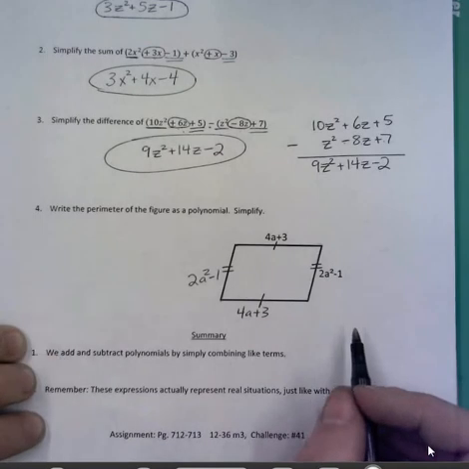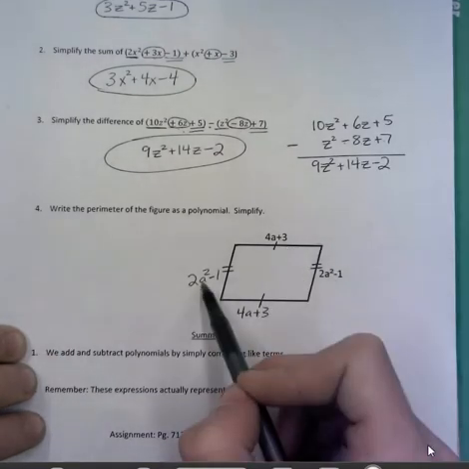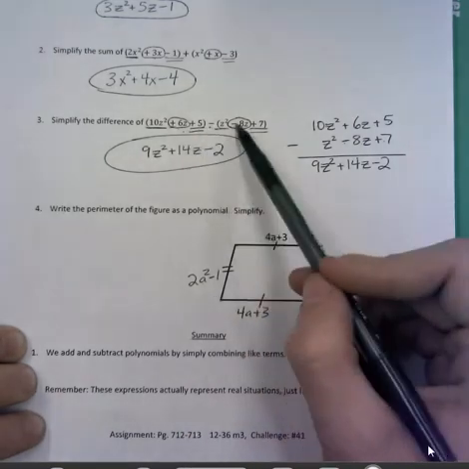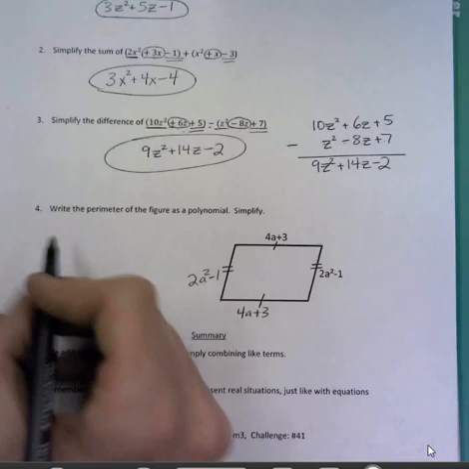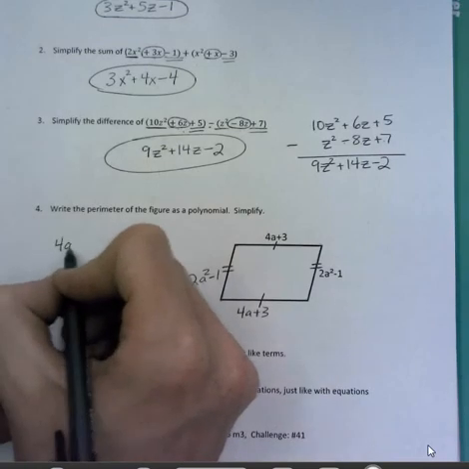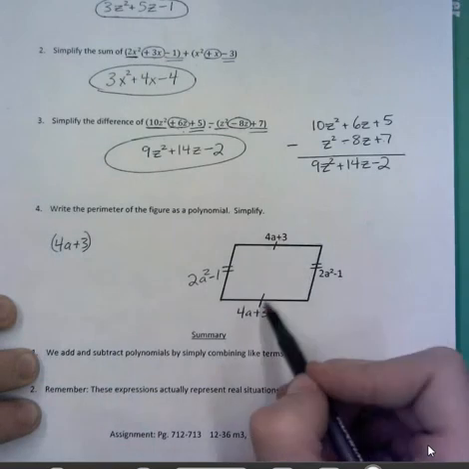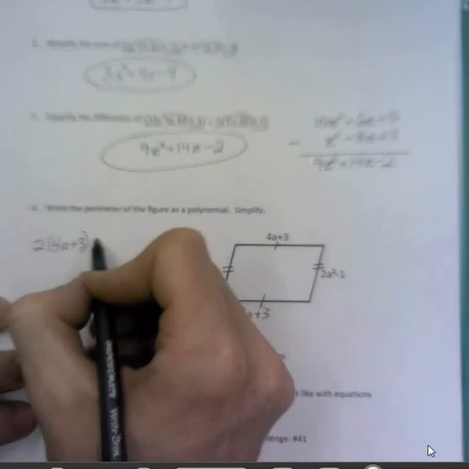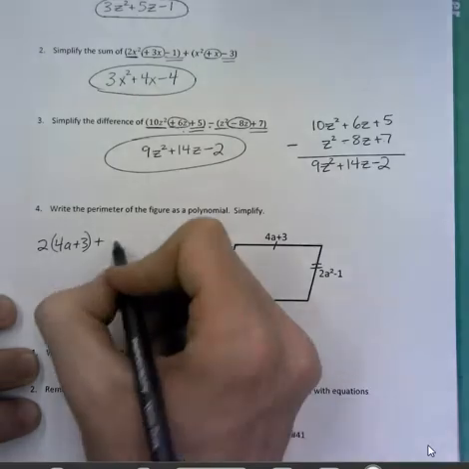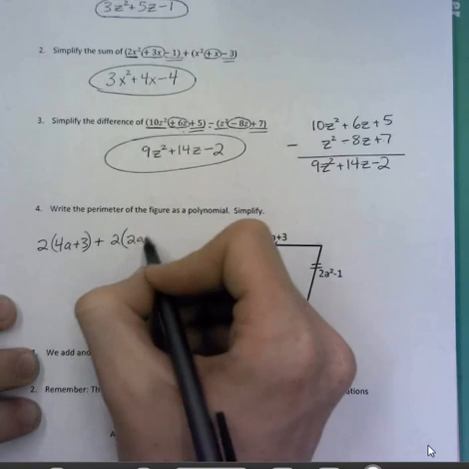Now, we could add all those up, and you'll have something that looks like this. You have to do a bunch of addition. Or we can write an expression, 4a plus 3, but since there are two sides, we can multiply by 2. And then we can add 2 times the quantity, 2a squared, minus 1.